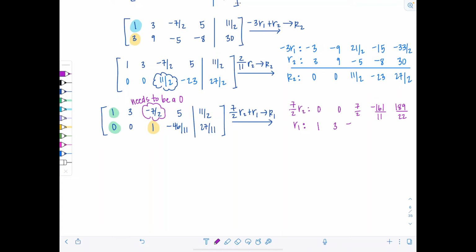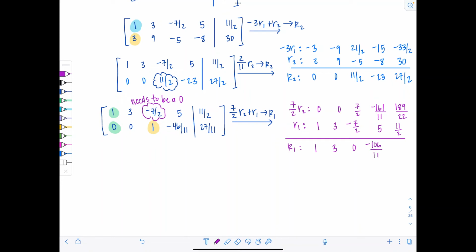1, 3, negative 7 halves, 5, and 11 halves. Yes? We made it. Okay, that's the new row 1. 1, 3, 0. Negative 161 over 11 plus 55 over 11. So negative 106 over 11.